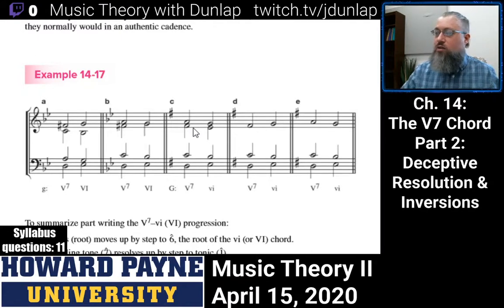So all I'm doing is resolving the 3rd up, optionally I can do 3rd down in major, 7th down, root, root, and then fifth down.